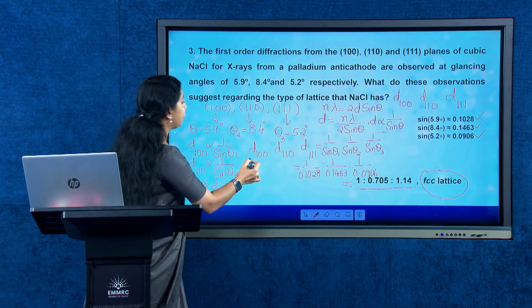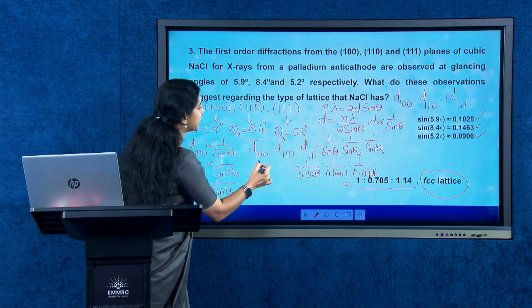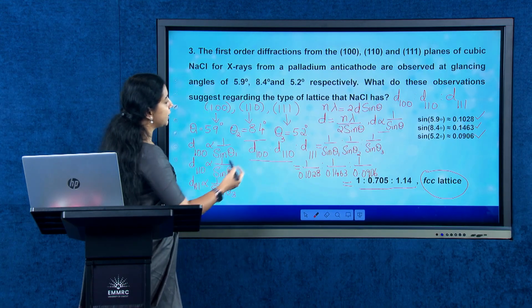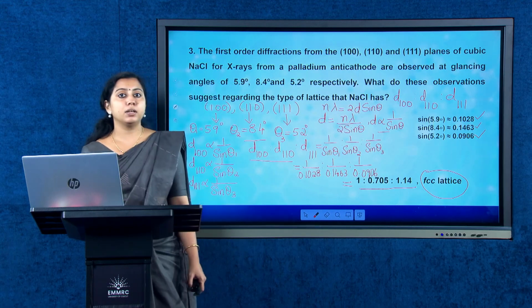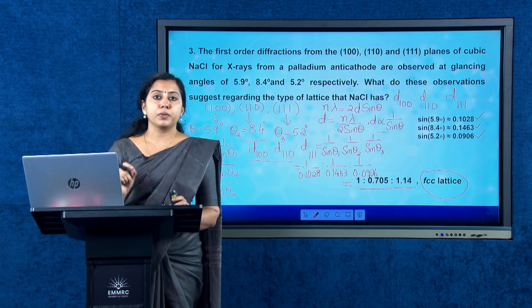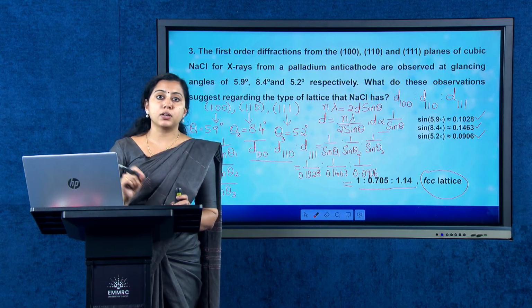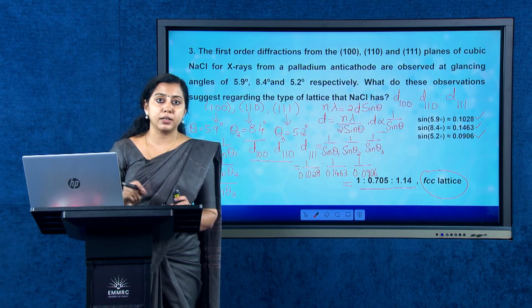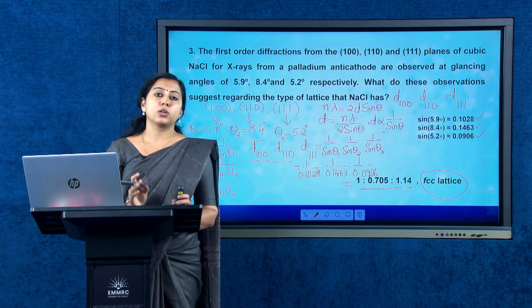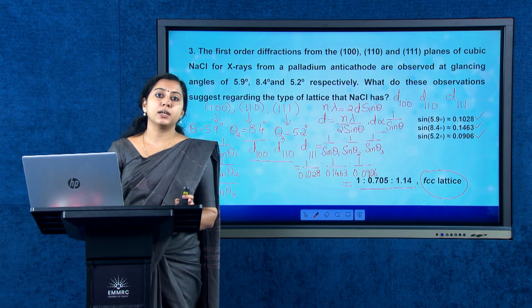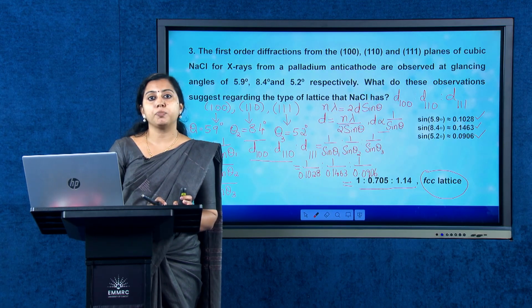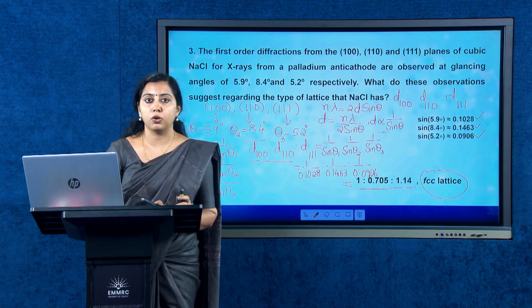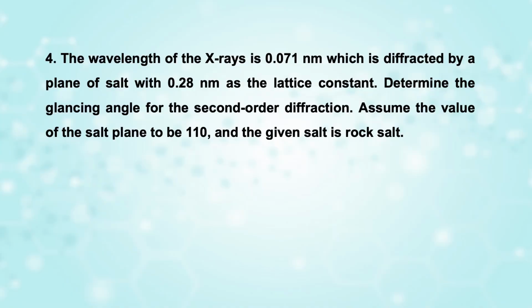If we find the interplanar distance ratios, d100 is to d110 is to d111, that will give values close to simple cubic, body centered or face centered. Comparing with the theoretical values, you can identify the type of lattice NaCl belongs to. Now, we will move on to the 4th question.